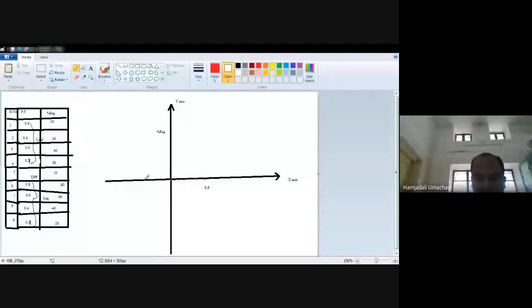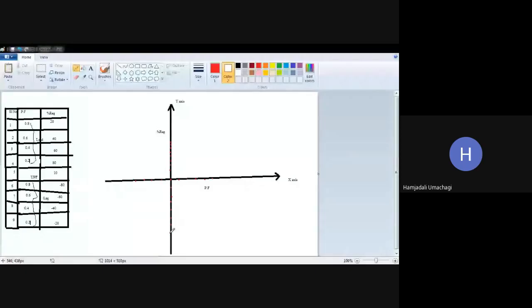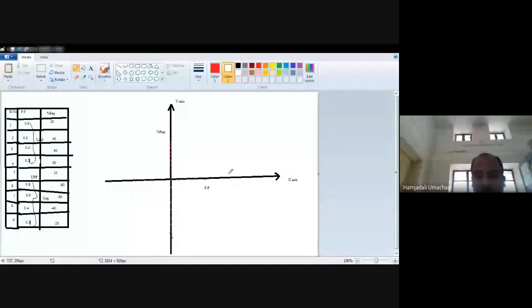Likewise here also 1, 2, 4, so here also you will have some points. Similarly here also 10, 20, 60, 70. Here on the x-axis, all these values will be leading.